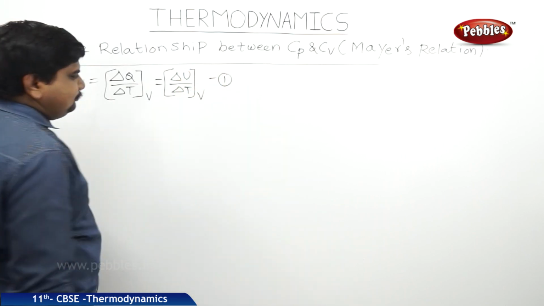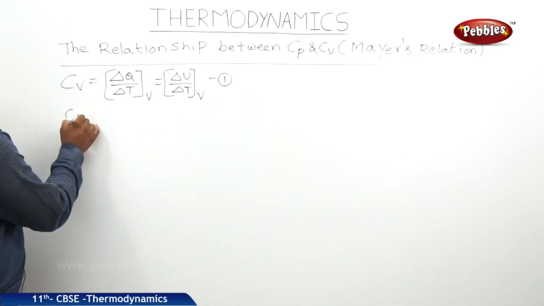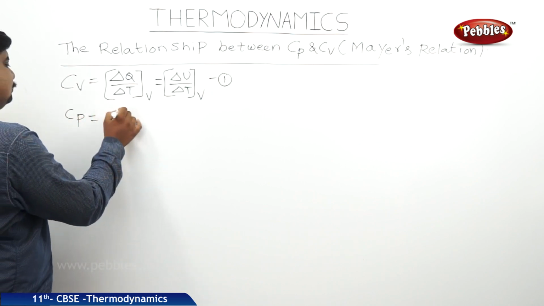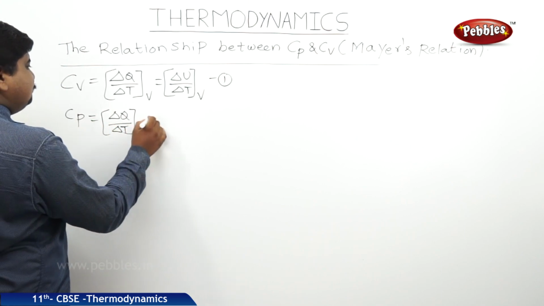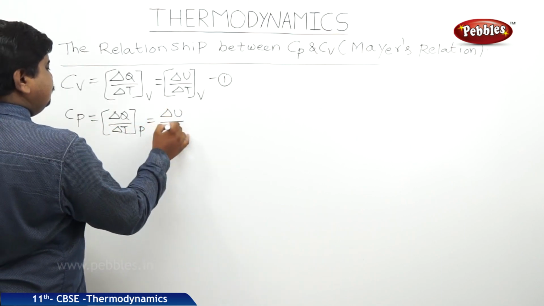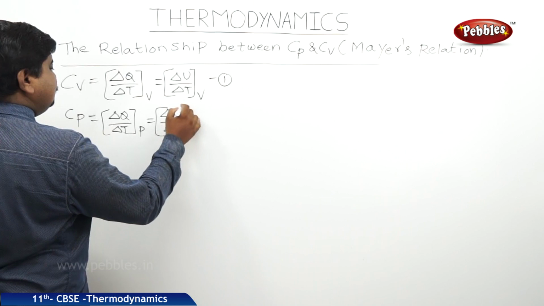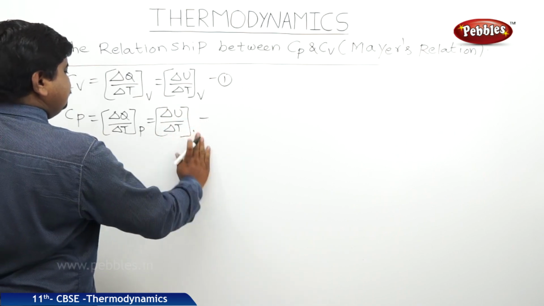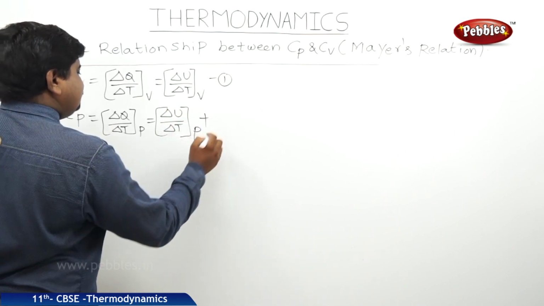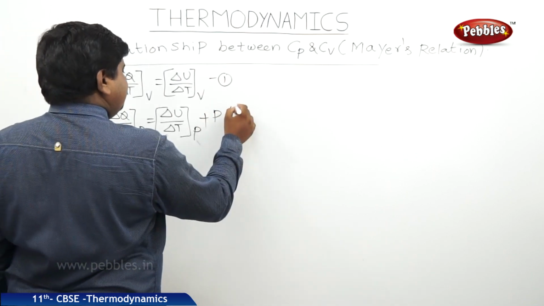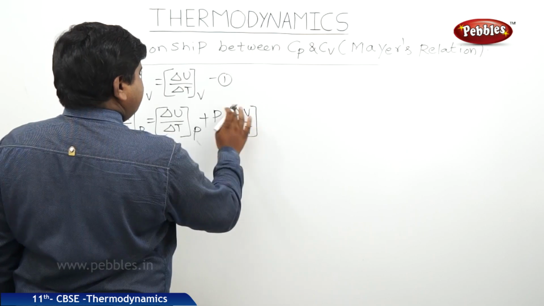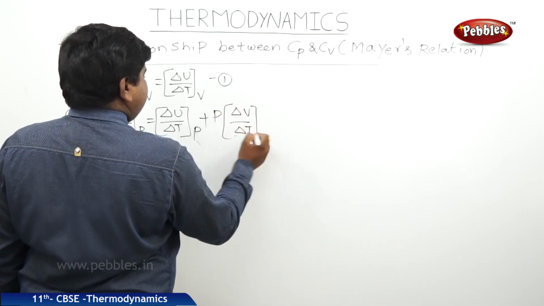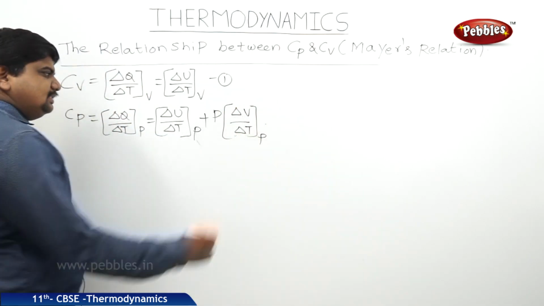This is equation 1. But Cp is equal to delta Q by delta T at constant pressure, which is equal to delta U by delta T at constant pressure plus P into delta V by delta T at constant pressure. This is equation 2.